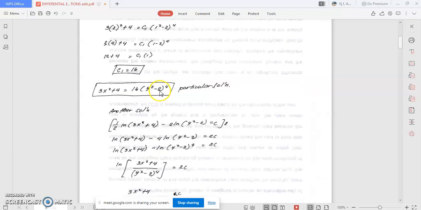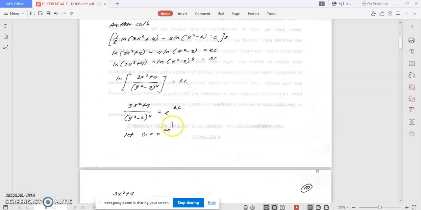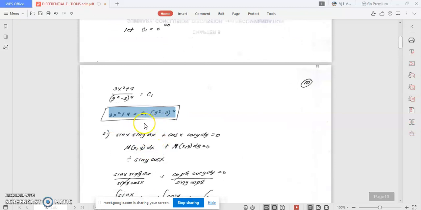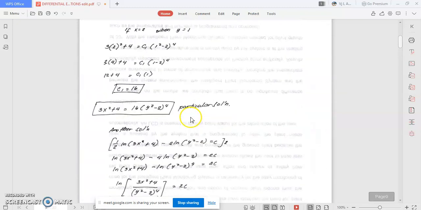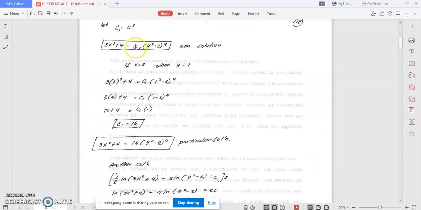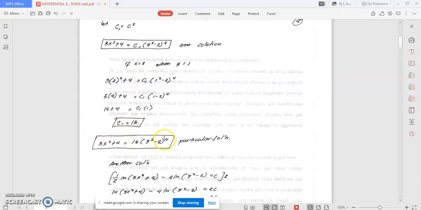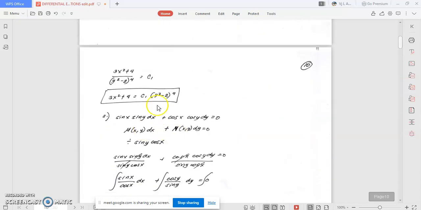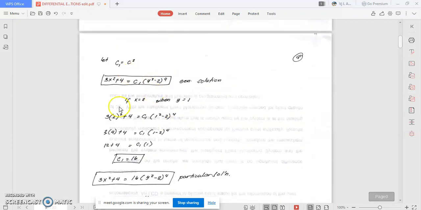So, if you could see, because C sub 1 is the same as this, if you get the C sub 1, the result will still be this one. Okay, right? C sub 1, 16 still, still 16. So, particular result. I no longer solved it because they are still the same.